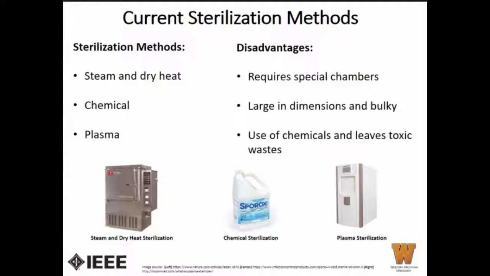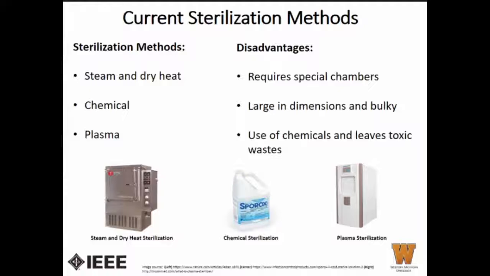For chemical sterilization, the chemicals needed, if they are not handled properly, can be a source of environmental pollution. And the other one, plasma sterilization, basically needs chemicals like hydrogen peroxide as well as ethylene oxide, and they can leave chemical traces.